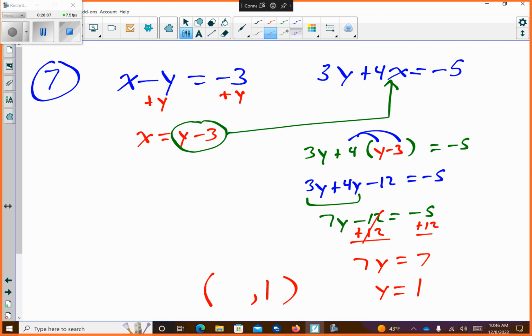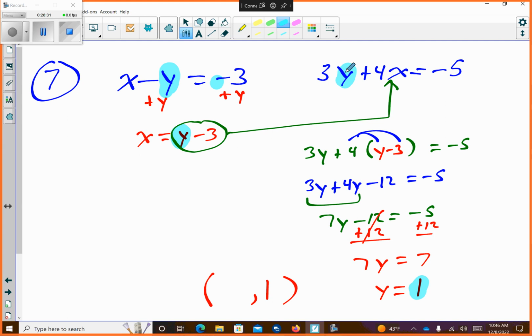What should I do with this y value? Plug it in. I'm going to take this 1, and I'm going to plug it in either here, or here, or here. Which one looks easiest? First one blue or first one red? Red.